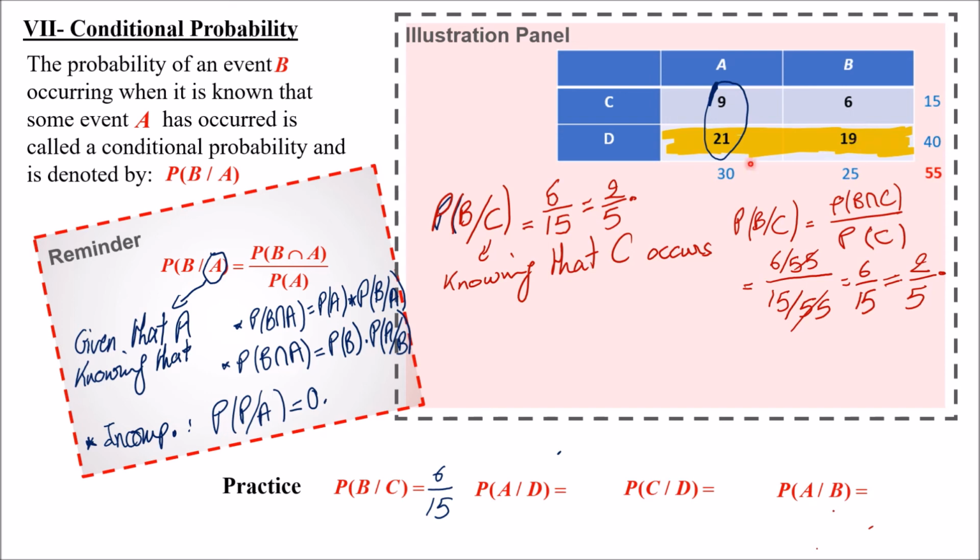So P of A given D is equal to 21, which is related to the A here, out of 40. So we will get 21 over 40.